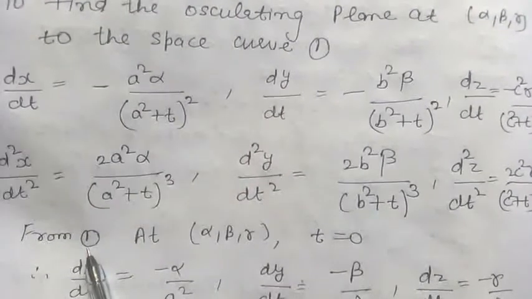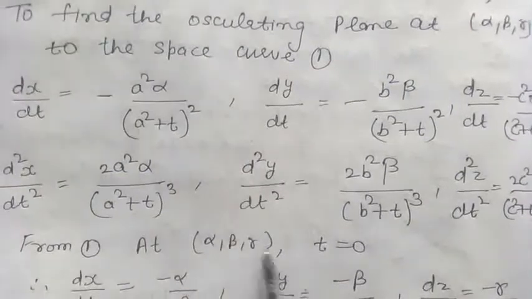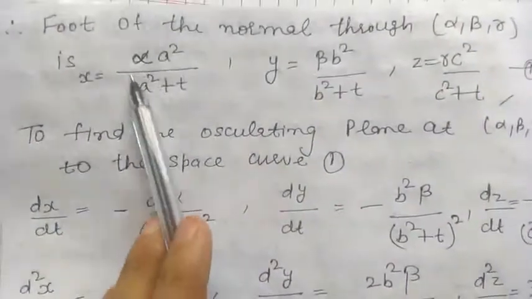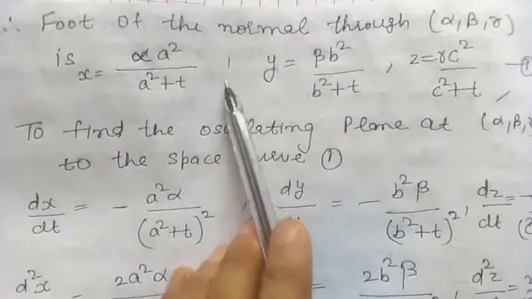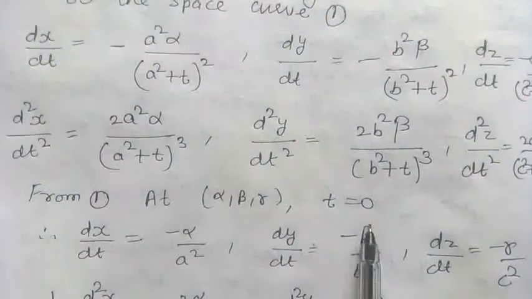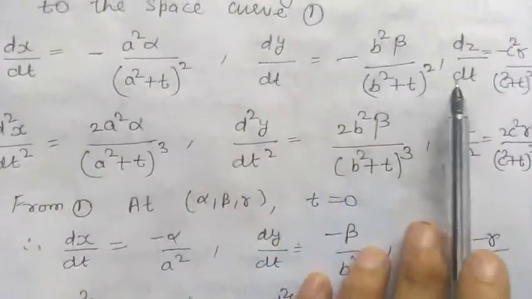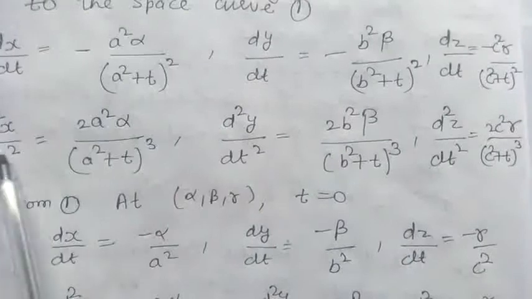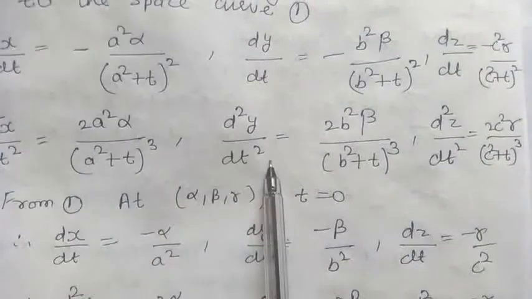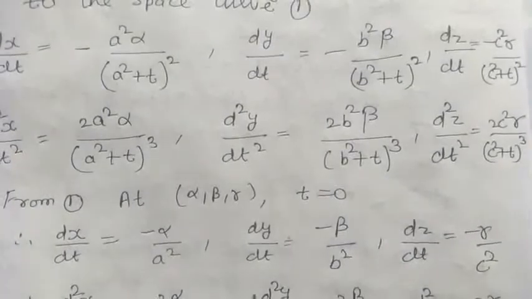Now because the given point is (alpha, beta, gamma), if we substitute alpha, beta, gamma in x, y and z, from there we get t equal to 0. Substituting t equal to 0 in dx by dt, dy by dt, dz by dt, d2x by dt2, d2y by dt2, d2z by dt2, we get all the 6 values.